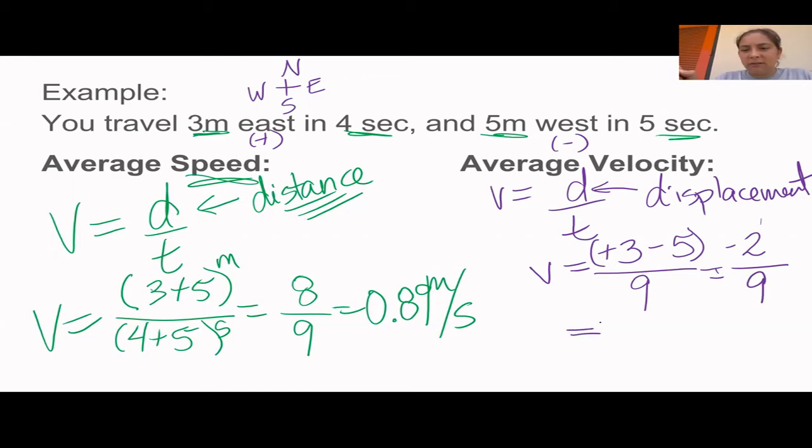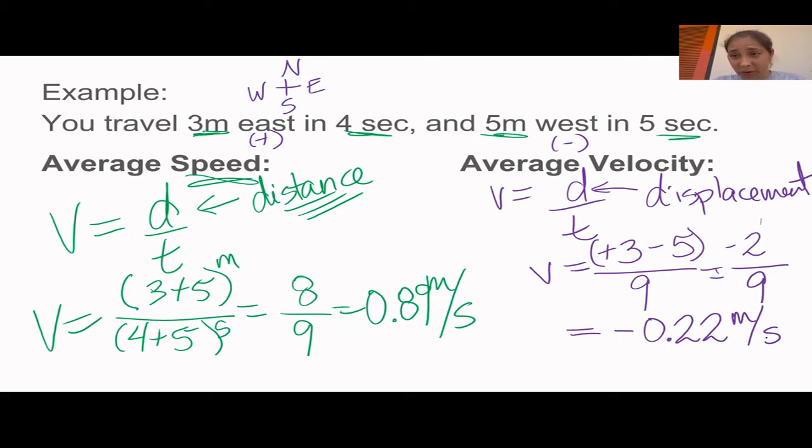Minus 2 over 9 is negative 0.22 meters per second. And so if all we cared about was start to finish, then over the course of those 9 seconds, we went roughly 0.22 meters every second to the west. That's what that average velocity means.